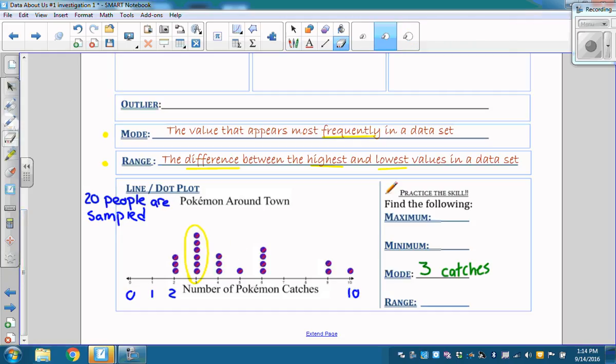So I'm asking, what is the highest amount of catches that somebody got? 10. Okay, try not to blurt out, but do you want to explain that, Eli? Because if you look at the end of the line plot, the highest number that somebody caught was 10. That's the maximum number of catches. Somebody actually got 10 Pokemon catches in this little survey.